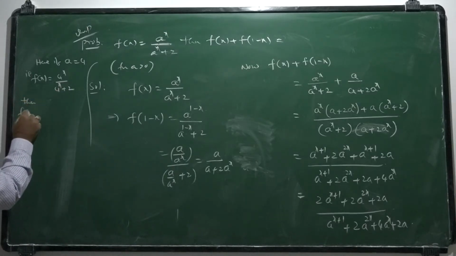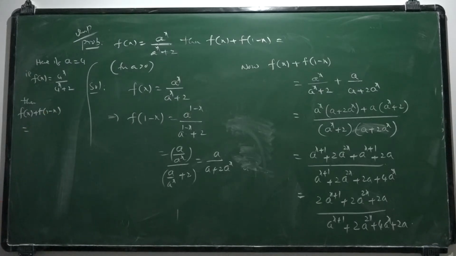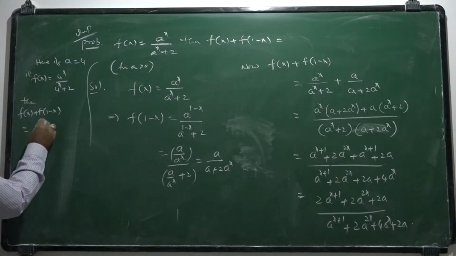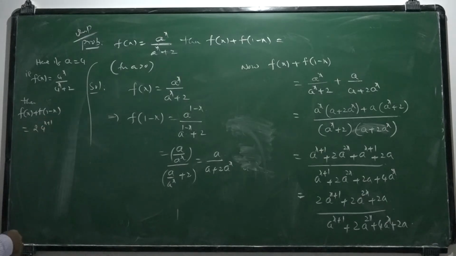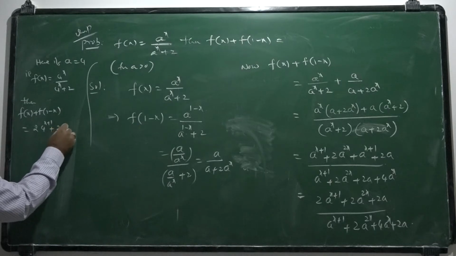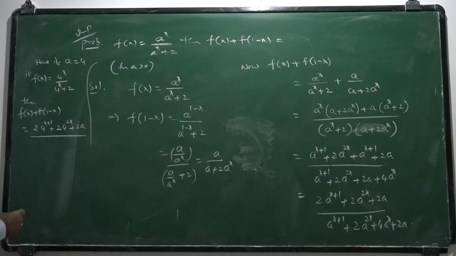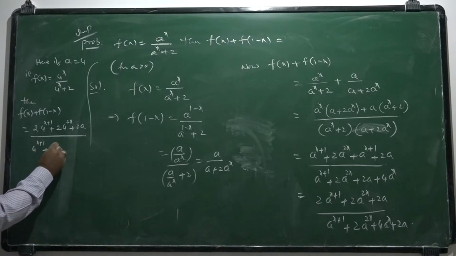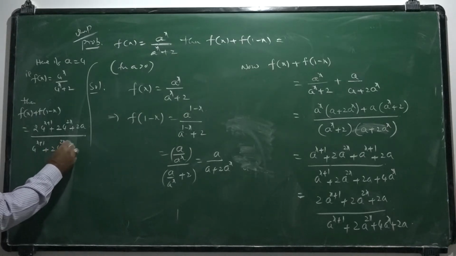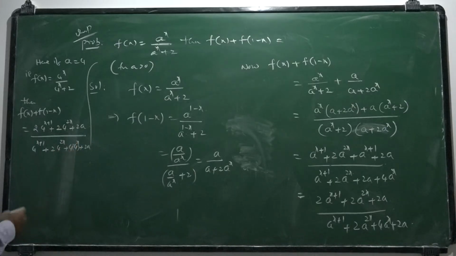Then f(x) + f(1 - x) is clearly 2·4^(x+1) + 2·4^(2x) + 2a, by 4^(x+1) + 2·4^(2x) + 4·4^x + 2a.